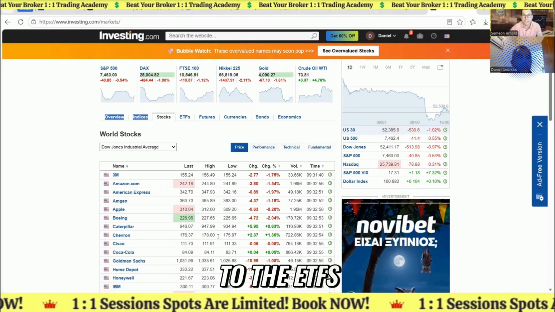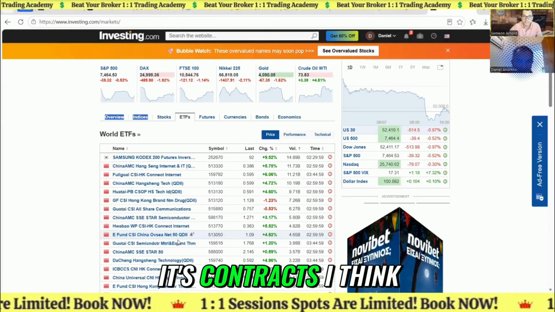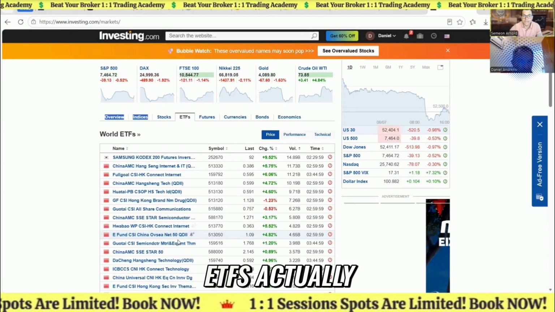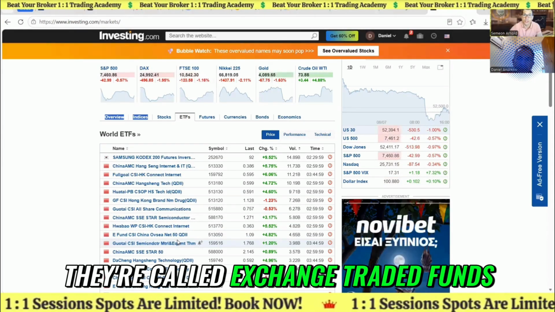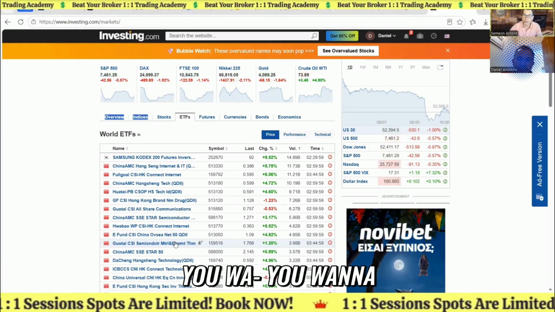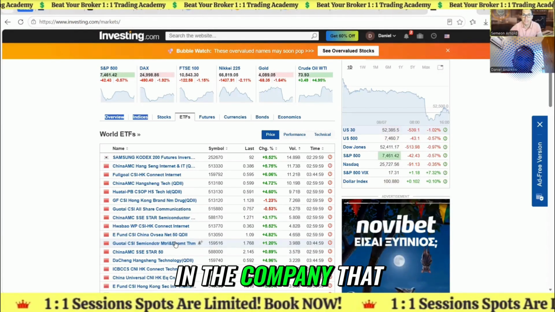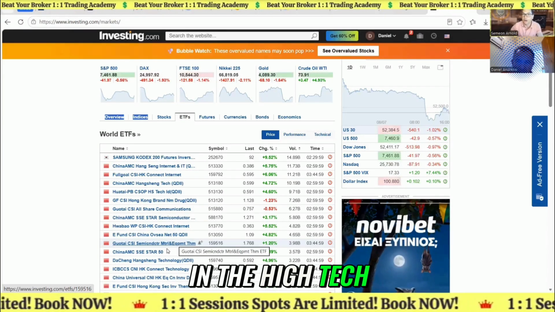And then let's go to the ETFs. Are you familiar with ETFs, what they are? Yes, it's contracts, I think. Well, ETFs actually, it's just like investment companies. In fact, they're called exchange traded funds. So with an ETF, you want to invest some money in a company that is, let's say, heavily investing in the high tech sector.